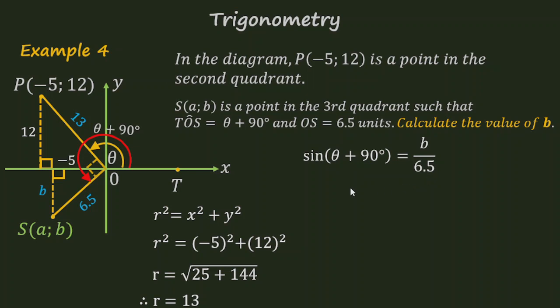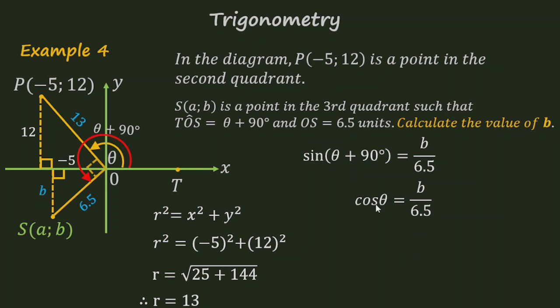Now, we are going to talk about the co-functions in the next sections that follow in this series on trigonometry. The sine of theta plus 90 degrees, or 90 degrees plus theta, can be written as the cos of theta using our understanding of co-functions.